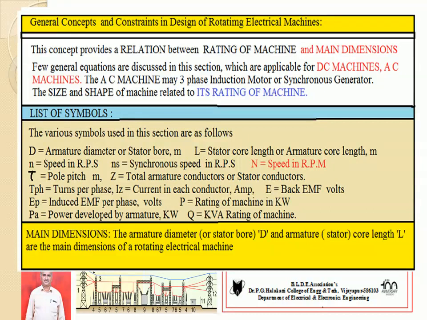L in case of DC machine is the armature core length. In case of AC machines, D is the diameter of stator bore and L is the length of stator core. These two are referred to as main dimensions of machine. Remember, first step, what are the main dimensions? L and D.